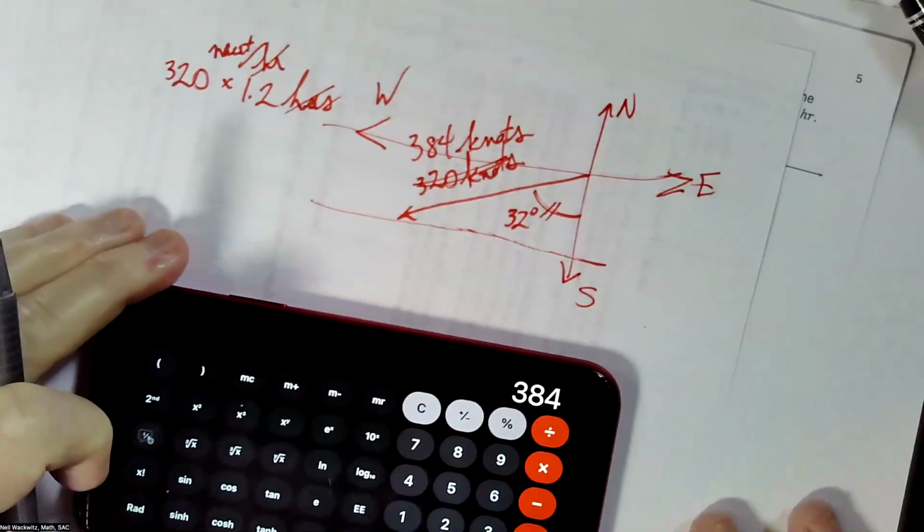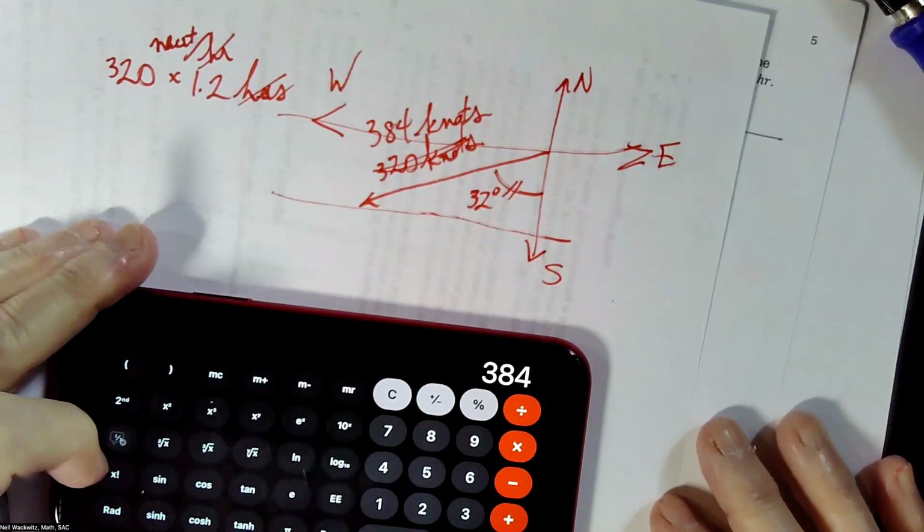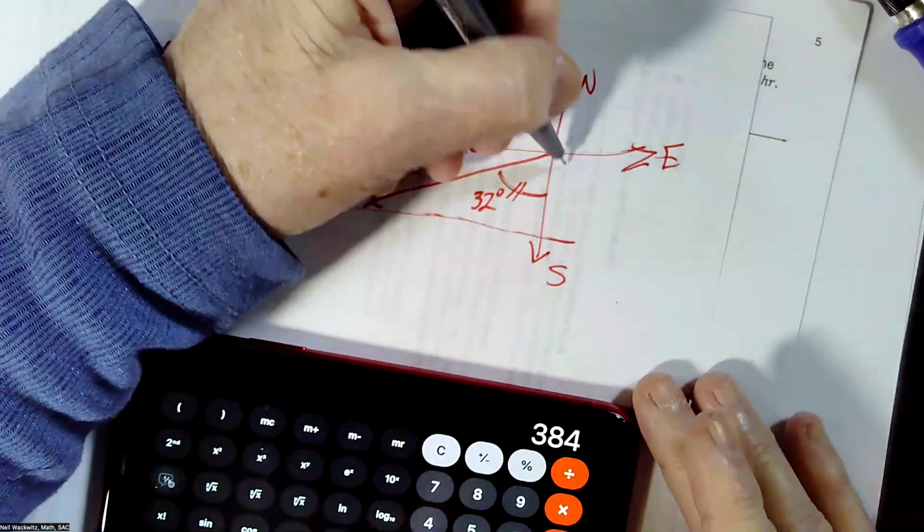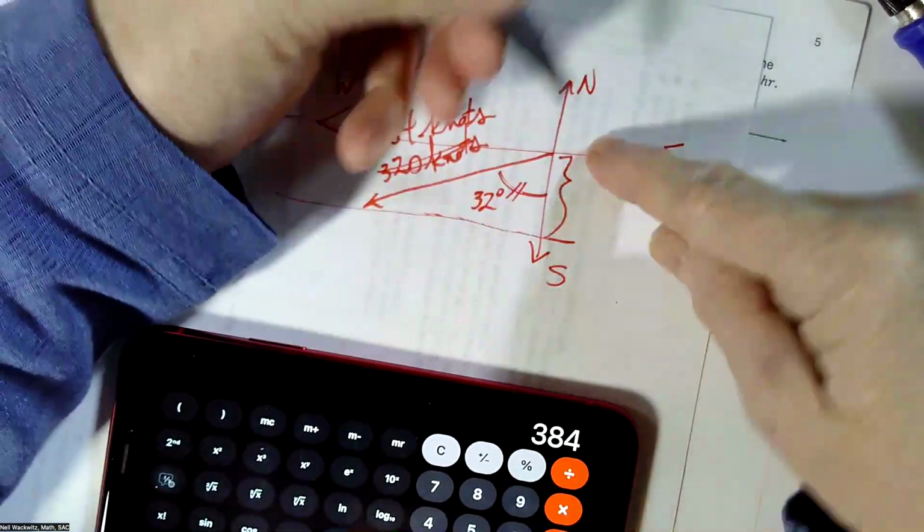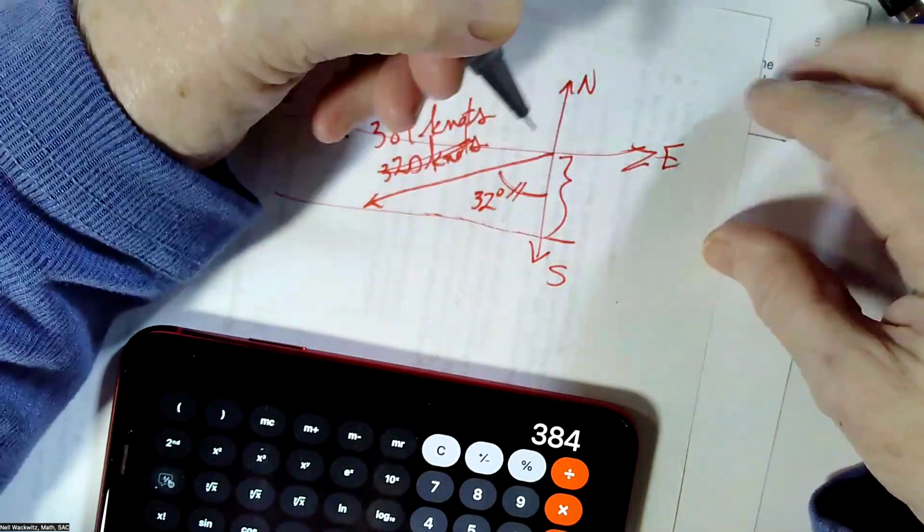So to see how far south the plane goes, we want to find this vertical distance.